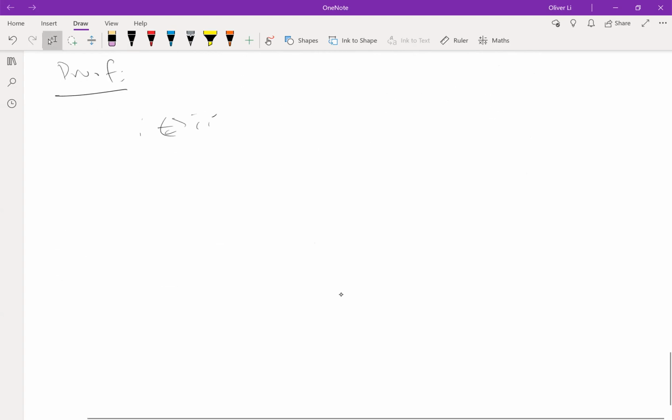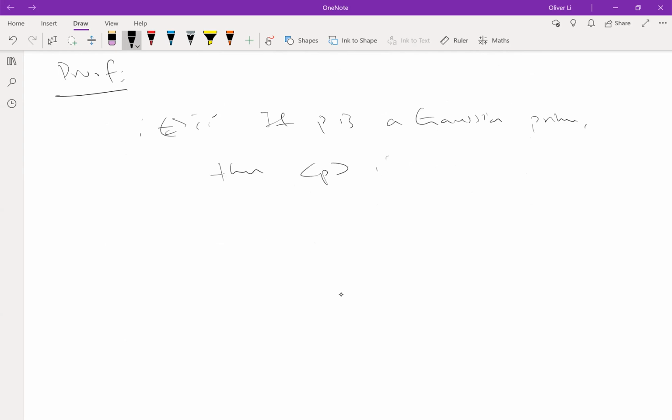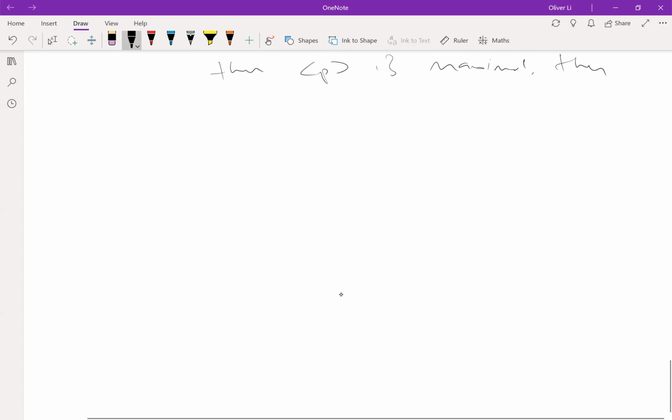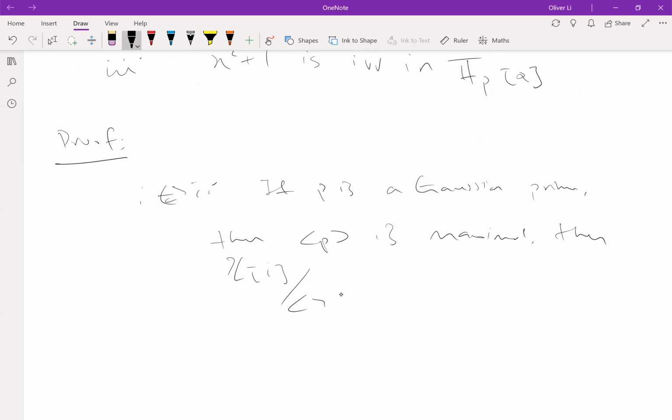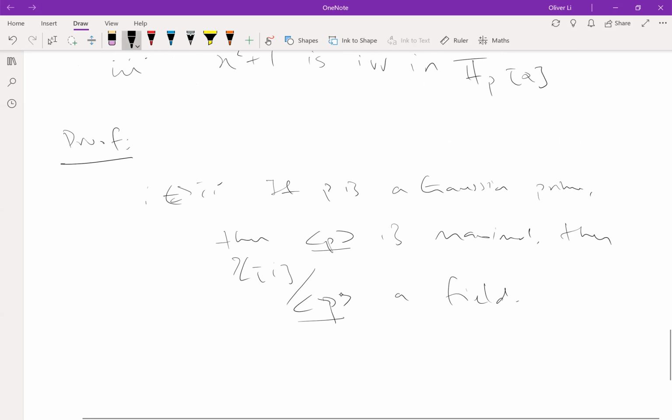If p is a Gaussian prime, then p is maximal, then this thing here is a field. The converse uses the same thing, because if this thing is a field, then p must be a maximal ideal.